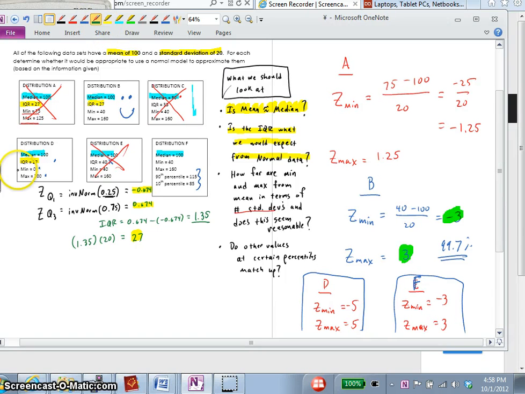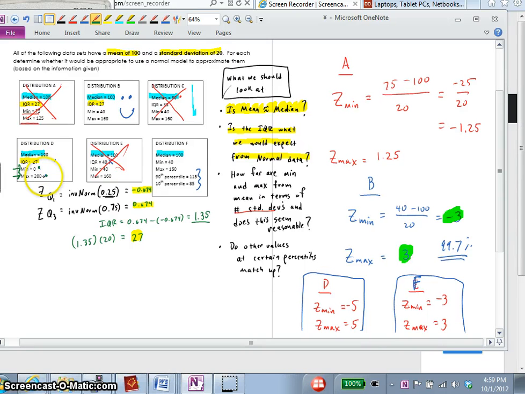And because we have 2 data points, both the min and the max, that far from the mean, it seems like D is not a good candidate for a normal model.